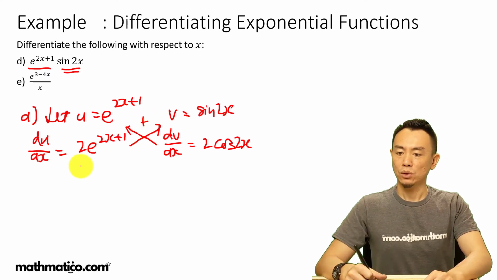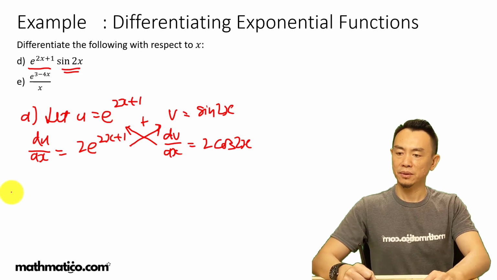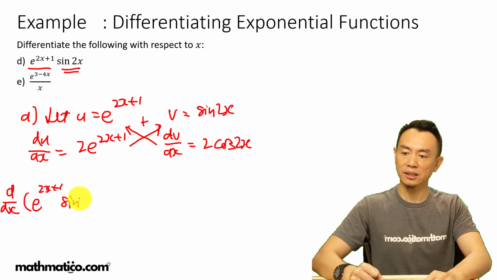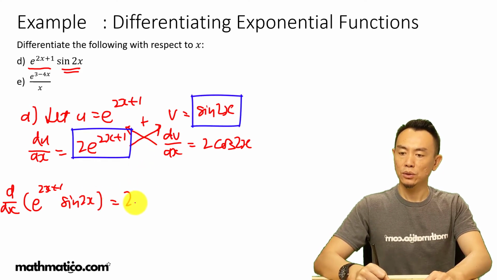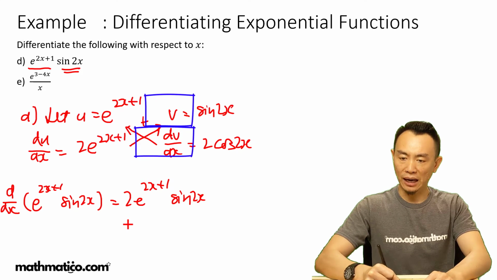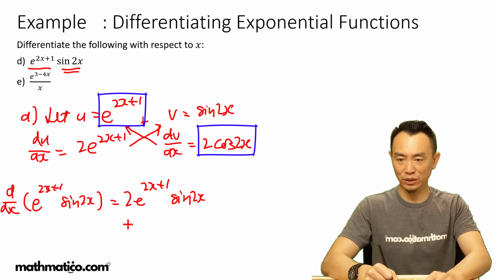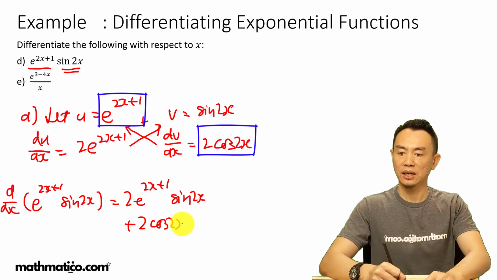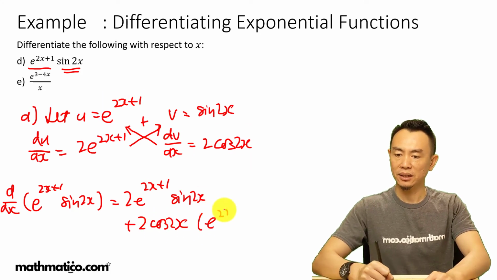So d dx of e to the power of 2x plus 1 times sine 2x is equal to 2e to the power of 2x plus 1 sine 2x plus, differentiate the second, 2 cos 2x times the original, so it's 2 cos 2x e to the power of 2x plus 1.